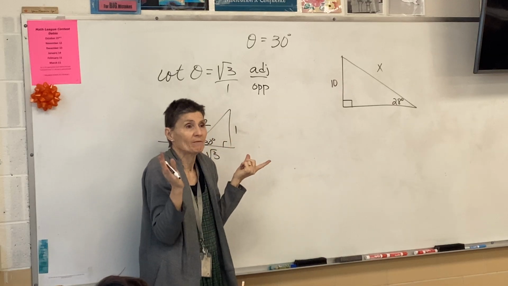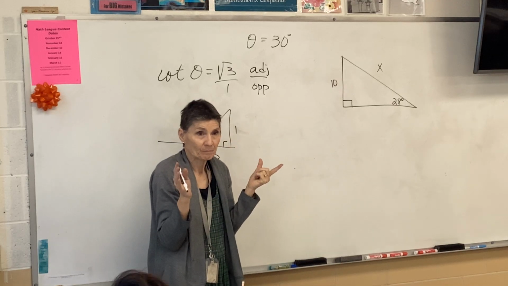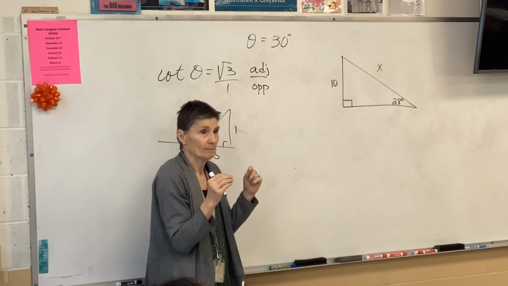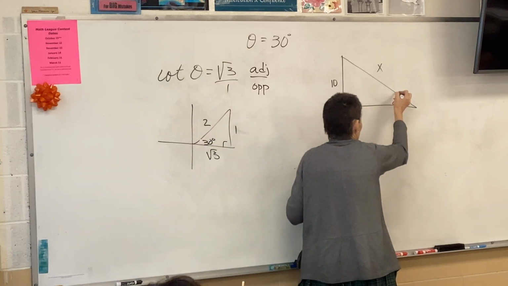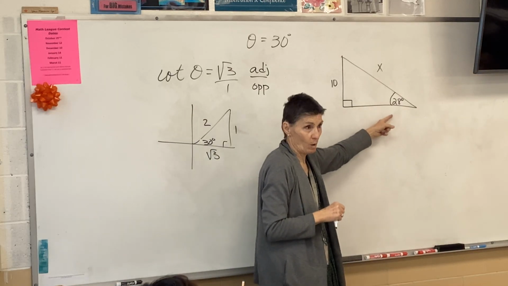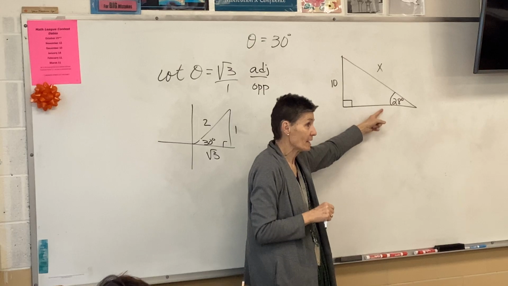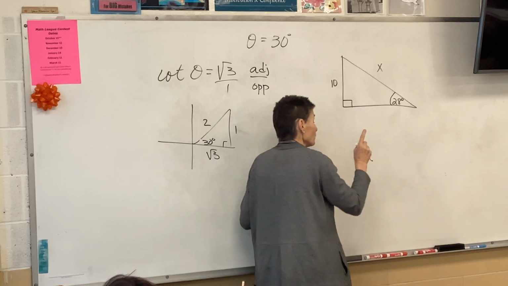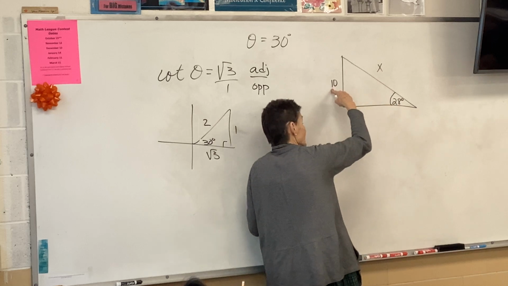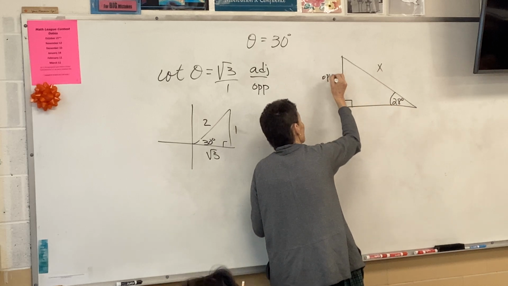In this case, we want to find the hypotenuse. Very easy. This is your angle. They never use the 90, we always use the other one. So there's my angle. With regard to that angle, which side is this? Opposite.